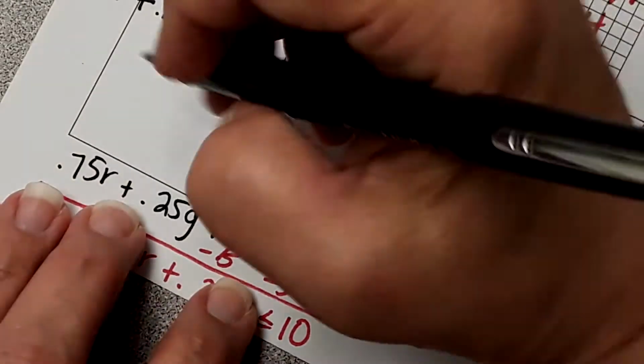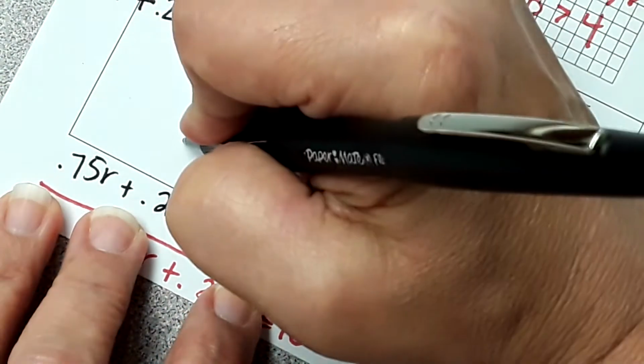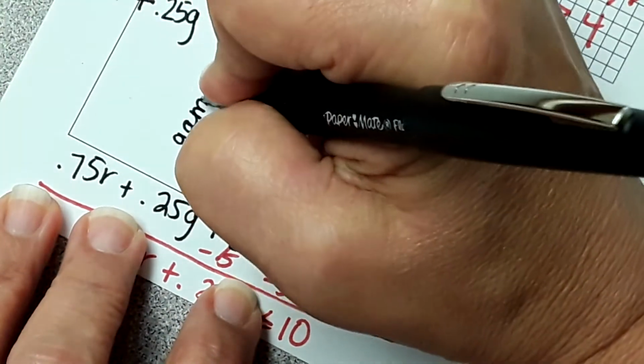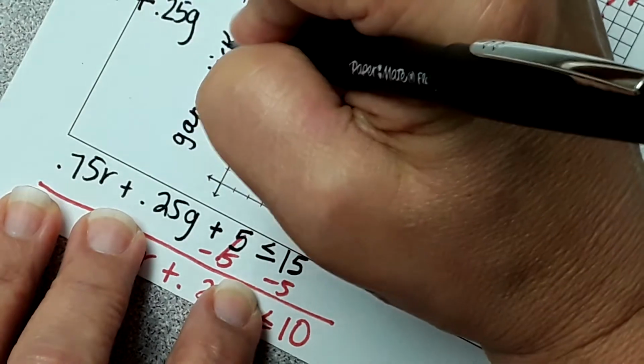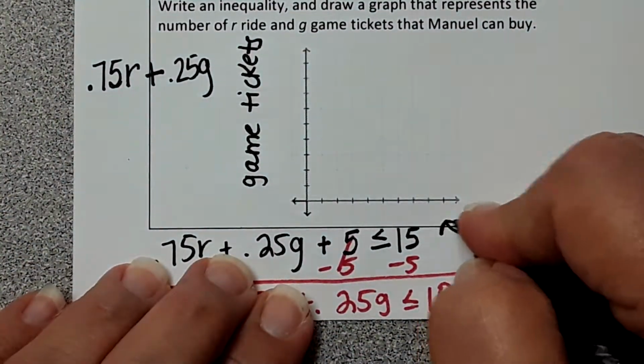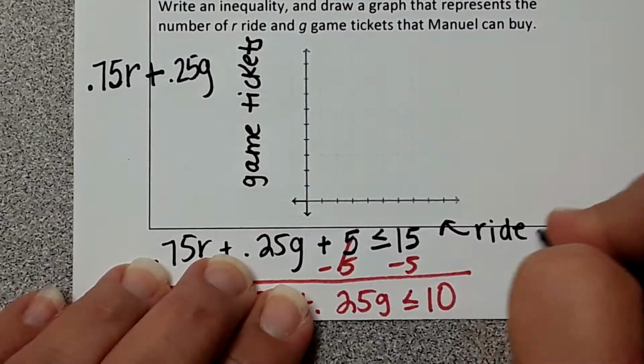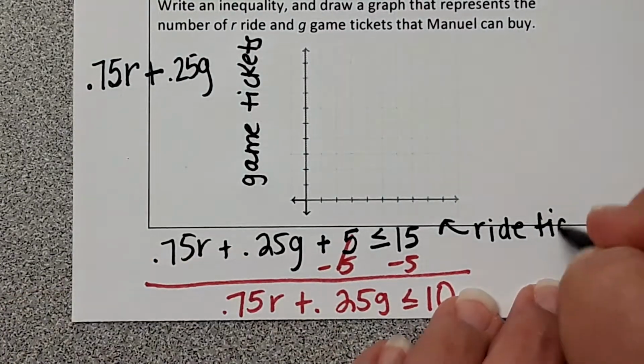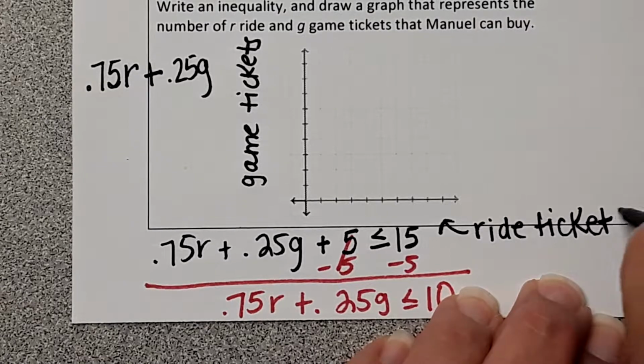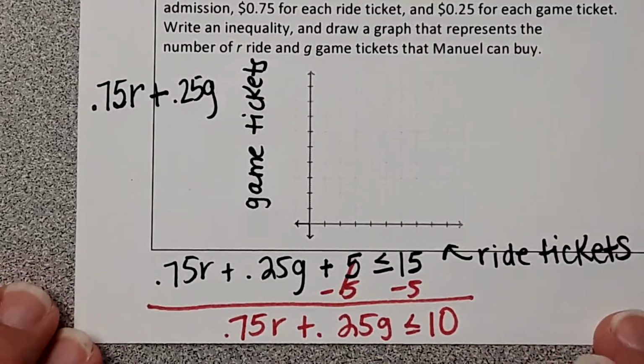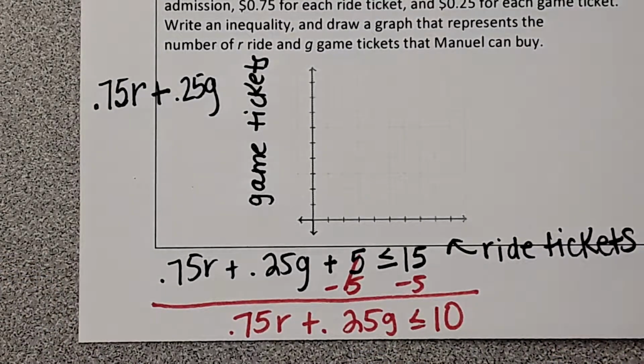So we're going to put game tickets on this side. We're going to put ride tickets on this side. I apologize to anyone that writes huge.